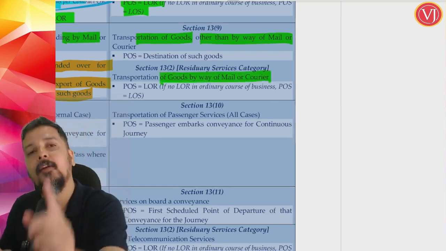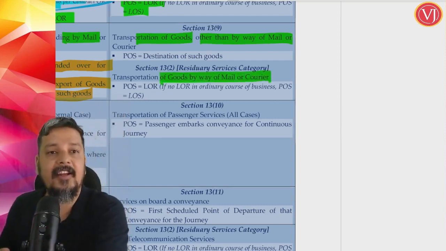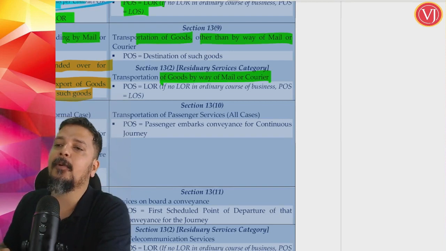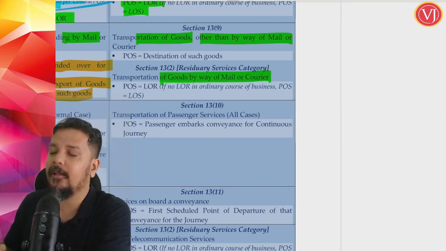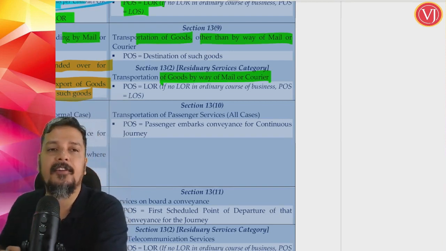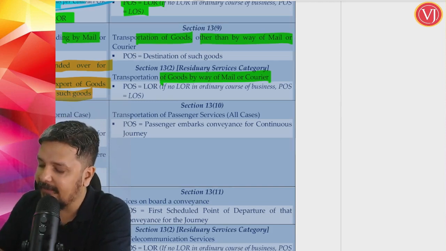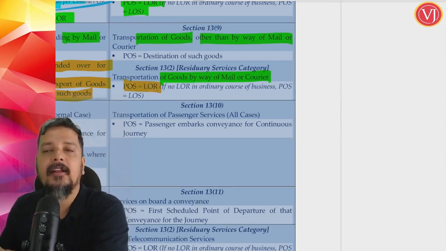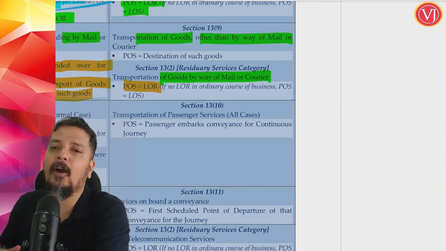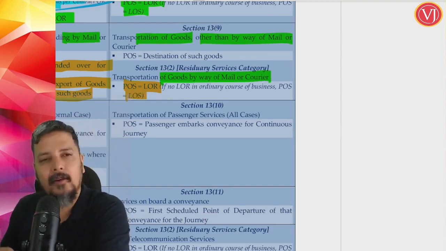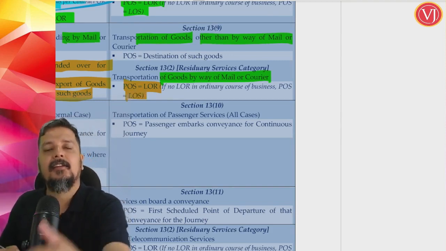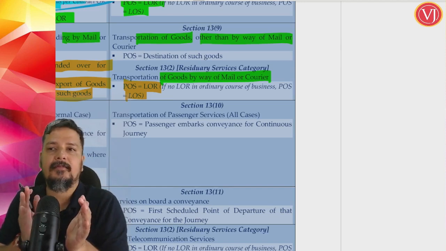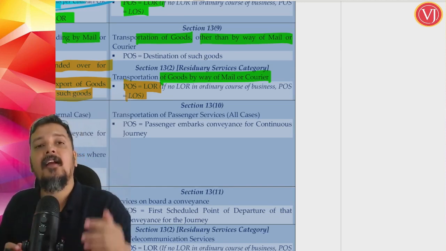Mail or courier will go in the normal category, the general residuary category. For transportation of goods by way of mail or courier, you are going to resort to section 13 subsection 2, residuary category, where the answer will be LOR. If LOR is not available in the ordinary course of business, then it is LOS. There it is a common answer.